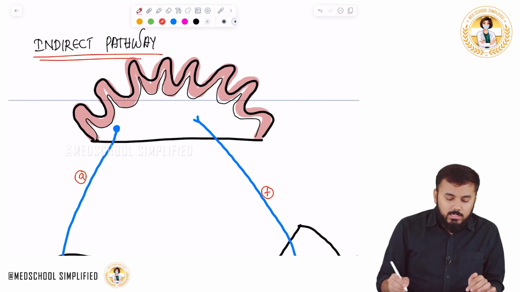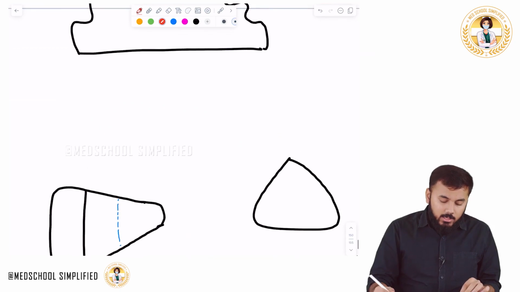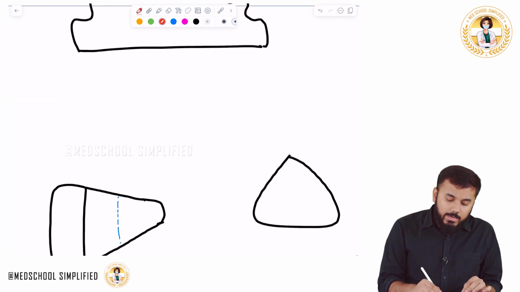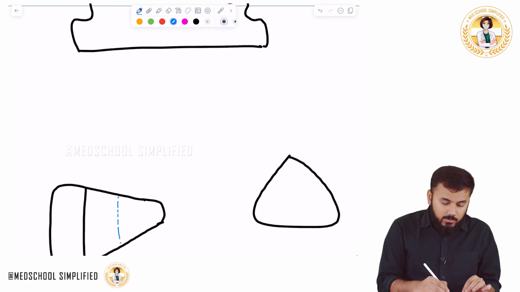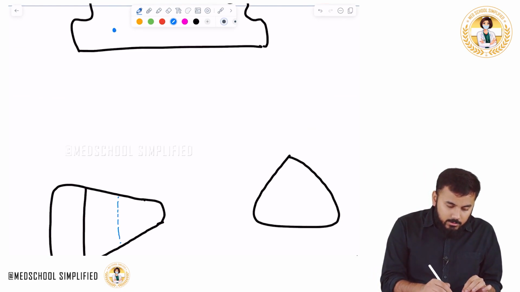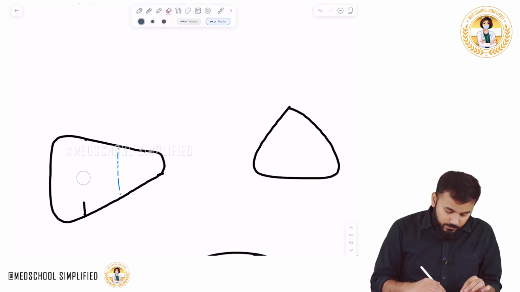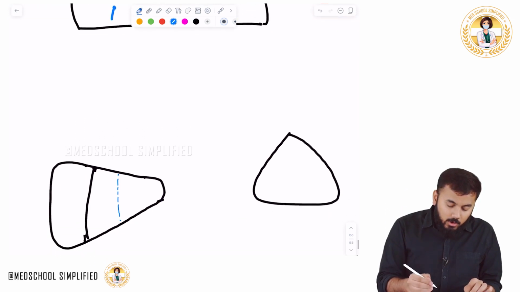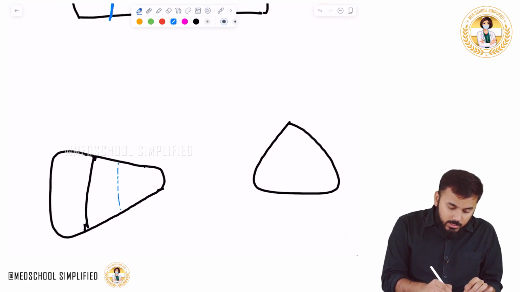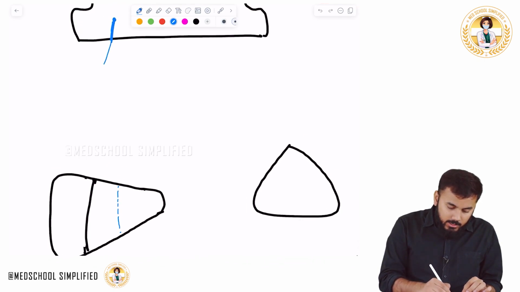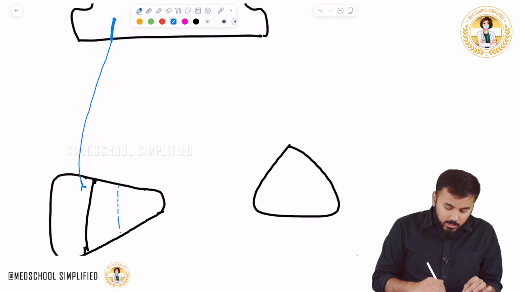Now we will understand what is the concept behind this indirect and direct pathway. So first I will draw the direct pathway, and then I will draw the indirect pathway. So directly from the cortex, let me put this a little bit forward in the front. Yeah. So from the cortex, first, you see a neuron that is coming all the way down into your putamen.